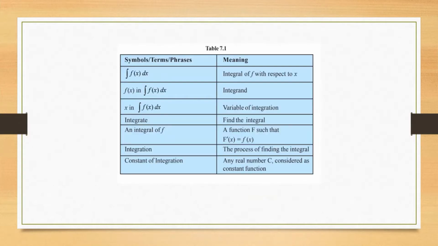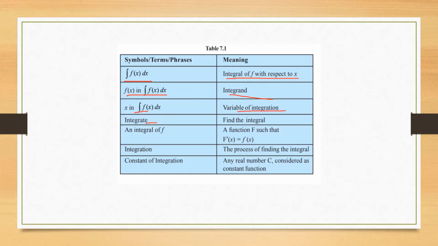Now let us see some important terminology, phrases and symbols that are associated with integration. What is the meaning of integral f(x) dx? It means integral of f with respect to x. Now f(x) in integral f(x) dx is the integrand, the one whose integral is to be found. x is called the variable of integration.